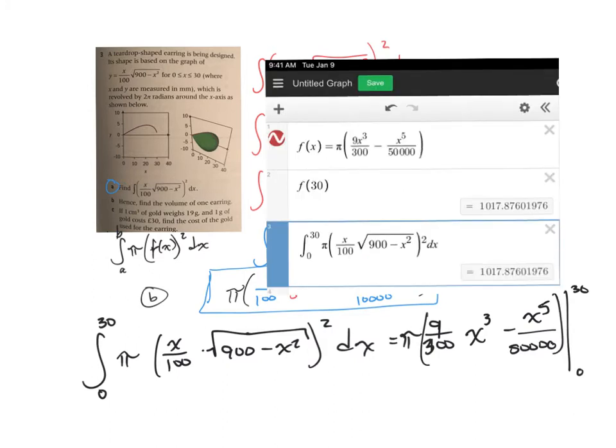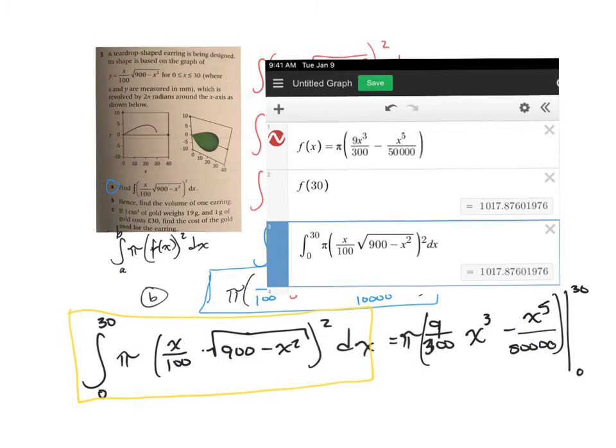The actual answer here is going to be about 1017. Up here, I just showed you that this antiderivative evaluated at 30 would get us there, but absolutely 1000% if you want to just plug this whole thing in, you could say pi times my whole function squared from 0 to 30, and notice we end up with the same answer.